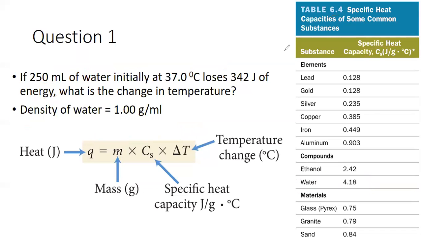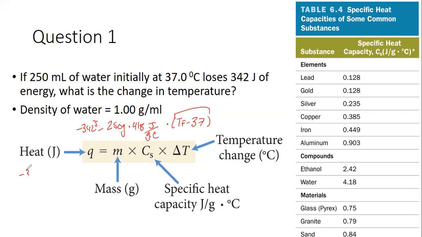Let's solve then. So minus 342 joules equals 250 grams, multiplied by 4.18 joules per gram per degree centigrade, multiplied by T final, which we don't know, minus T initial, 37. The way I would do this is get the parenthesis by itself.